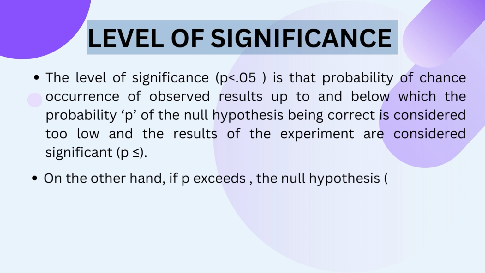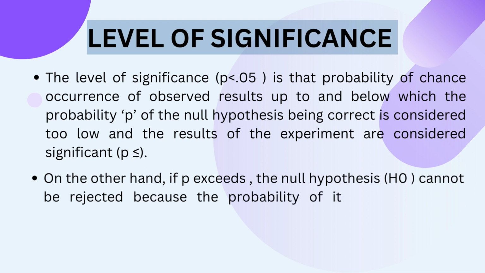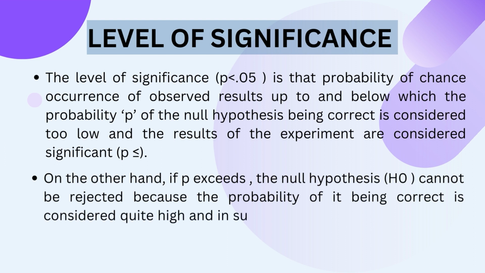On the other hand, if the probability exceeds, the null hypothesis cannot be rejected because the probability of it being correct is considered quite high, and in such a case observed results are not considered significant.